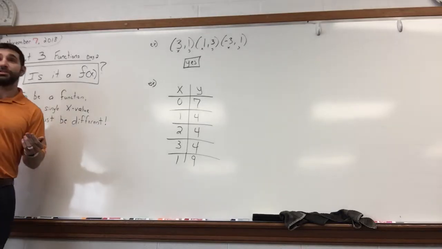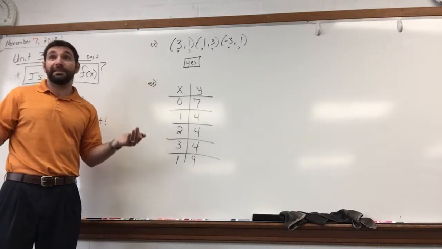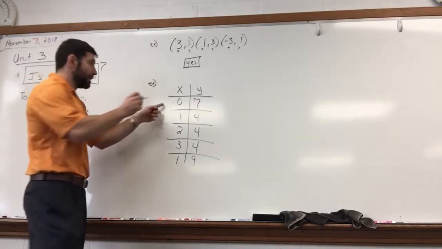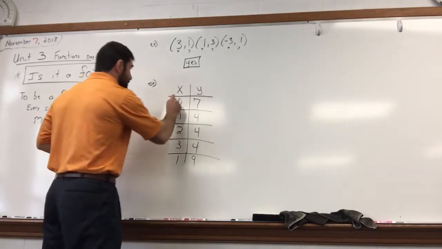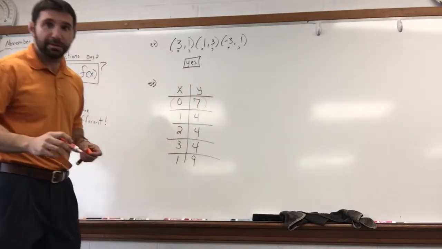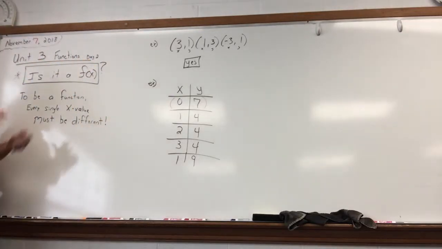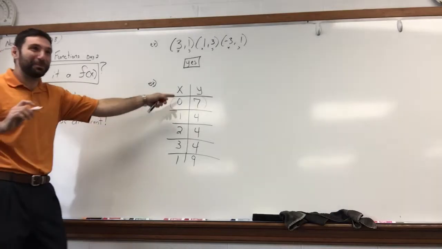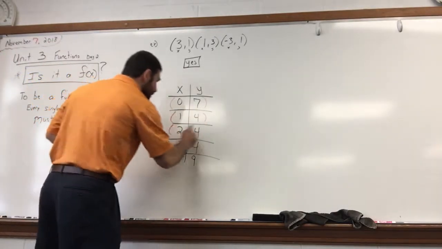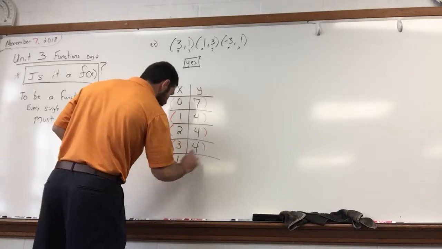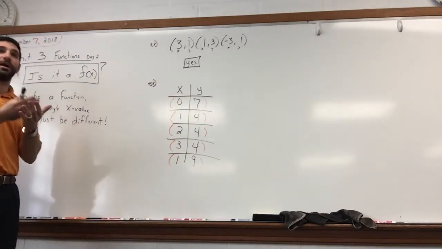We talked about t-charts yesterday. Even though they're not written as ordered pairs, are they still ordered pairs? Yes. This is the ordered pair 0, 7. This is an ordered pair, 1, 4; 2, 4; 3, 4; 1, 9. Haley, one more time, why is it not a function?